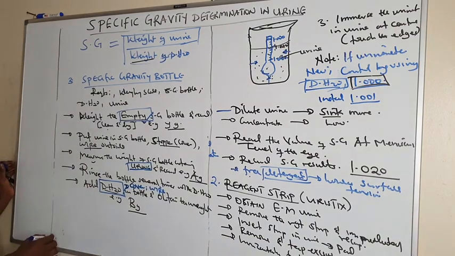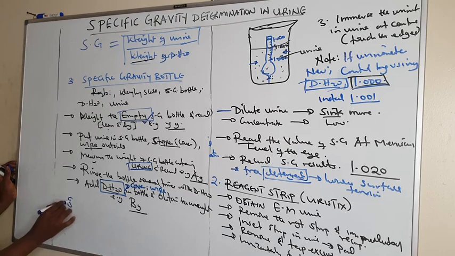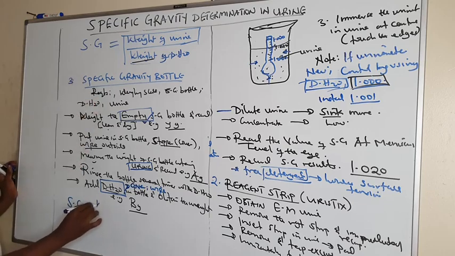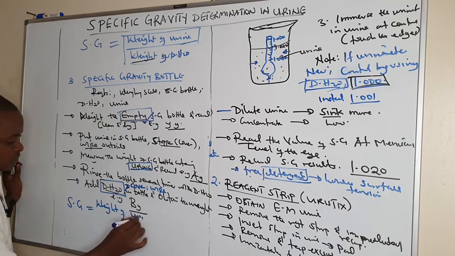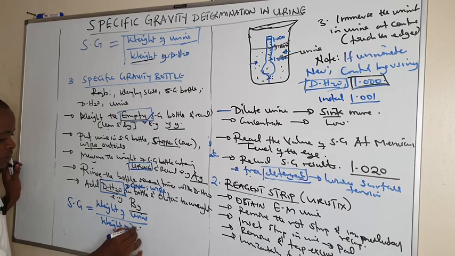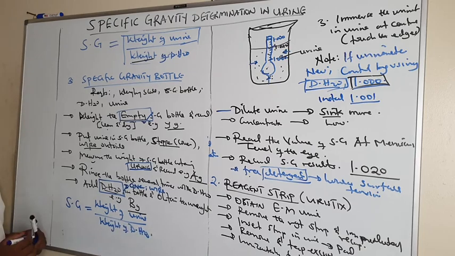After this, you are going to obtain specific gravity, which is got by weight of urine over weight of distilled water.